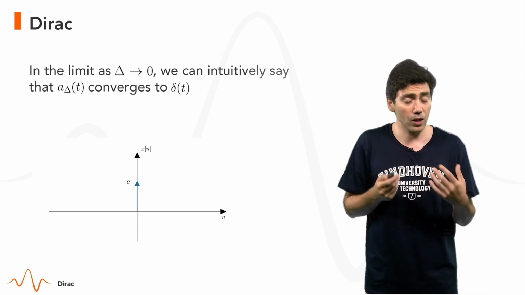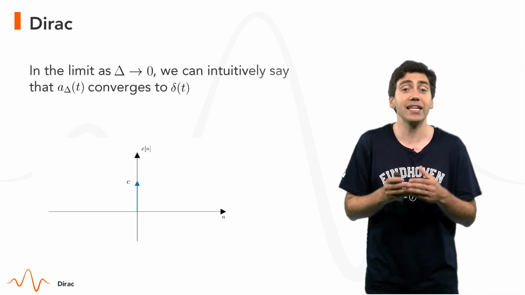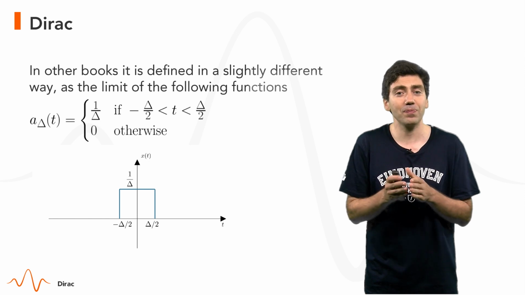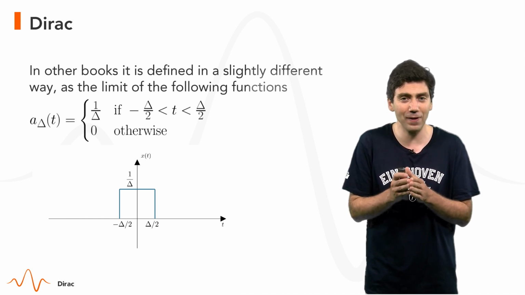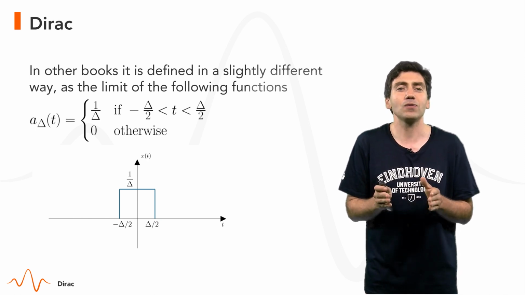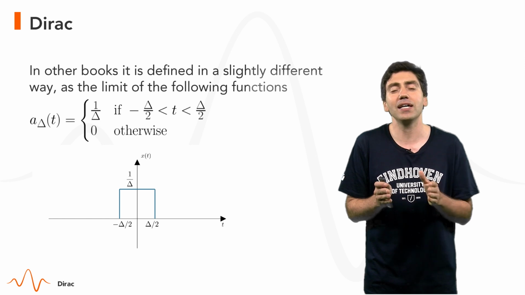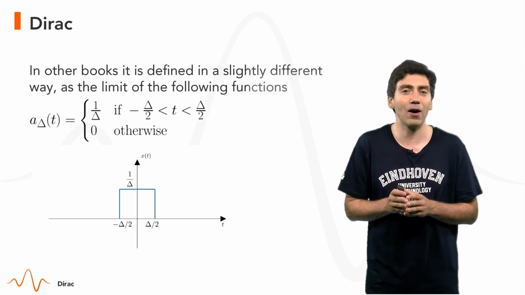Now, we are going to use this definition in this course, but I want to mention that in many textbooks it's common to use a very similar definition where this family of functions goes, instead from 0 to capital delta, from minus delta over 2 until capital delta over 2. It's not a problem. Our definition will fit our purposes.